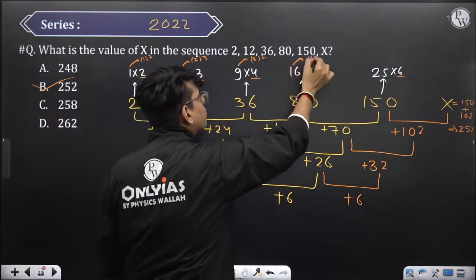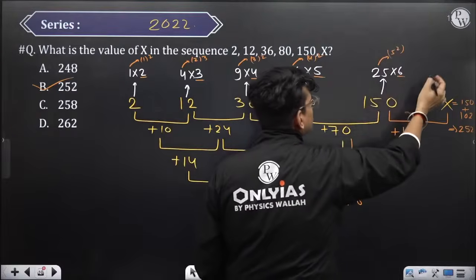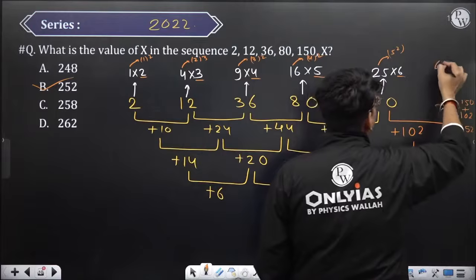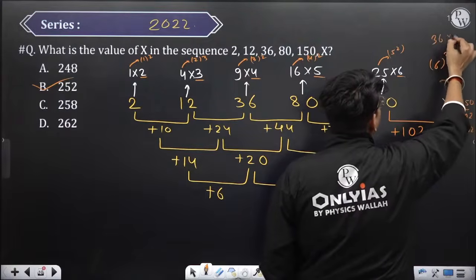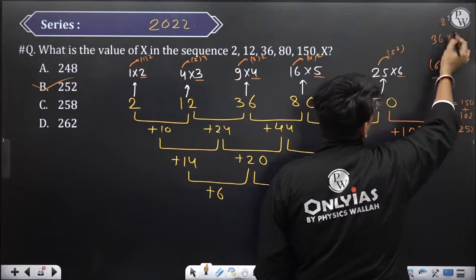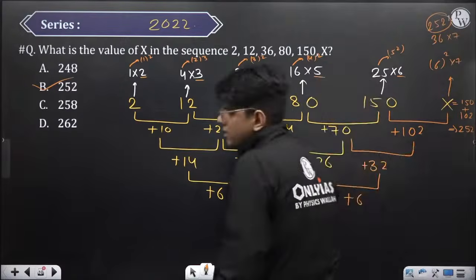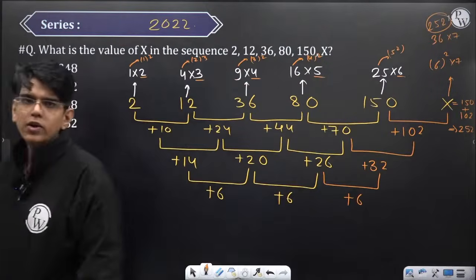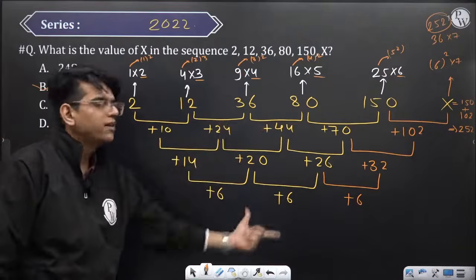This is 4 square. This is 5 square. So the next term will be 6 square into 7, which is nothing but 36 into 7. 7 sixes are 42, 2, 4 carry over, 21 and 4, 252. So you can think of this series in two ways, right? I can solve it by this, and I can solve it by this also.